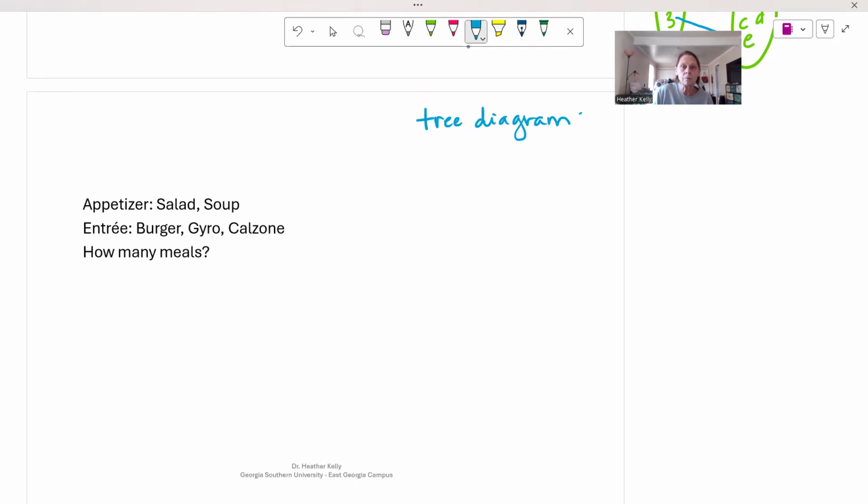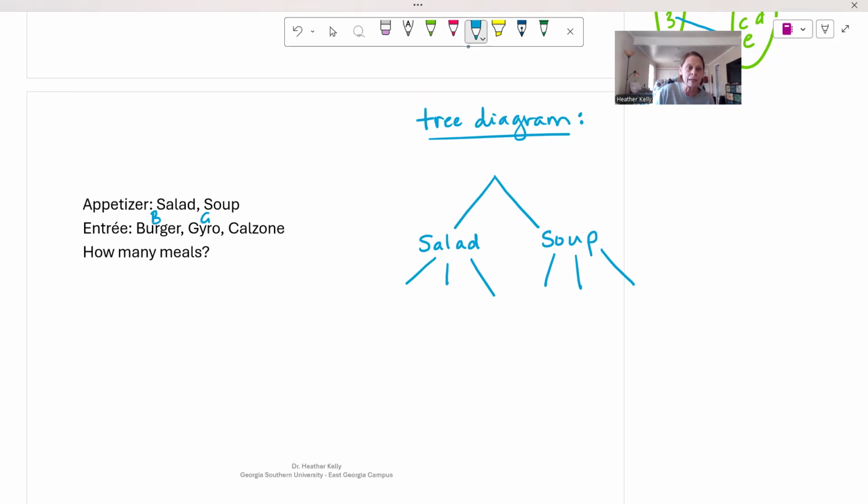And everyone can do it the way that they want to. But basically, we start off with the first two choices. We have salad and we have soup. And if you chose the salad, you then have three choices. And if you chose the soup, you also have the three choices. And so I don't have to write all these down, I'm going to use these letters, right?